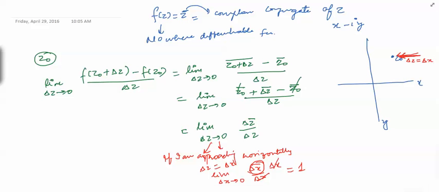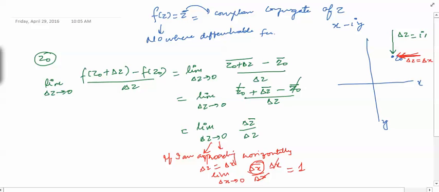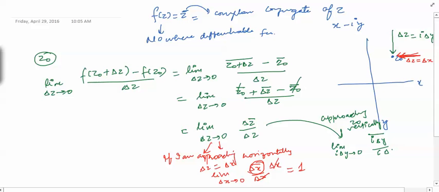right? Now there is another path, another way which I can use. I can come to z0 along a vertical line. Along a vertical line there is no horizontal component, so here my del z is iota del y, right? If I am approaching z0 vertically, then what is the situation? I have this limit iota del y tending to 0, iota del y bar divided by iota del y, right?